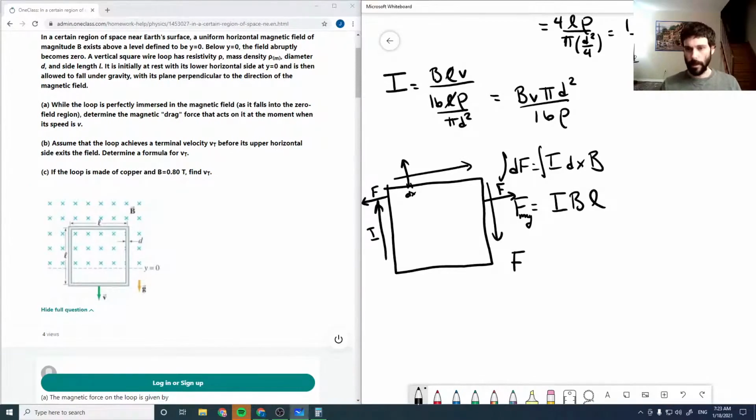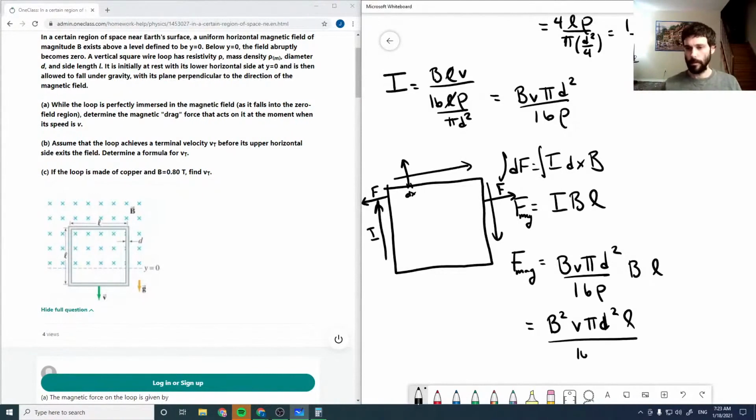So then plugging in the value for the current that we just calculated, BV pi d squared over 16 rho times B times L, or B squared V pi d squared L over 16 rho.